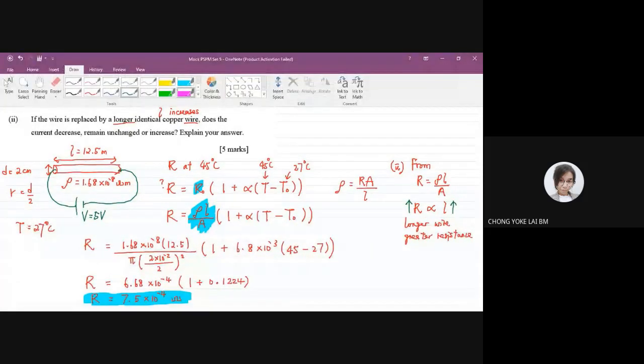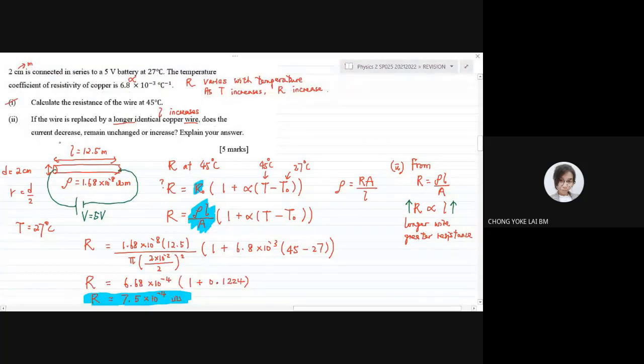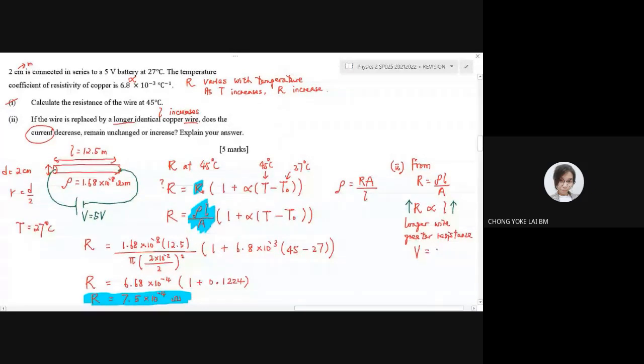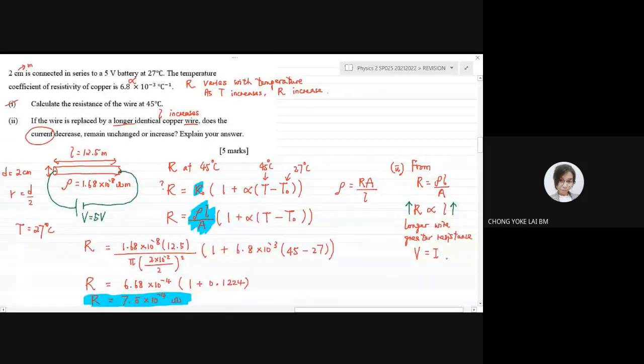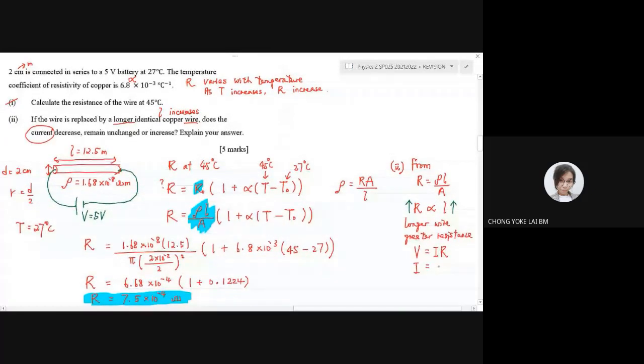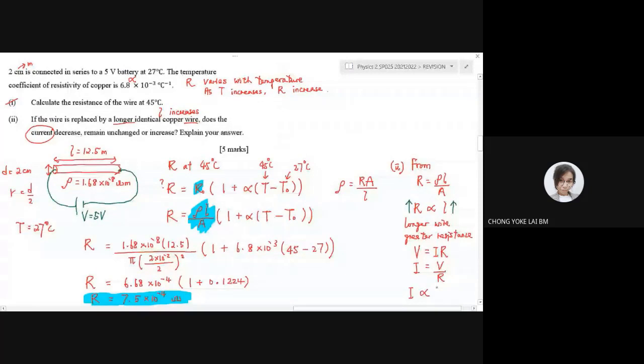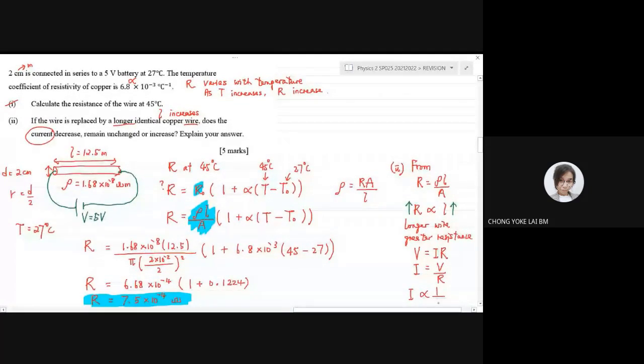Then try to relate, but the question didn't ask about the resistance. The question asked about current. So you have to relate the current with the resistance. So according to Ohm's law, V equal to IR. So I is V over R. So you can see obviously the current is inversely proportional to the value of resistance.